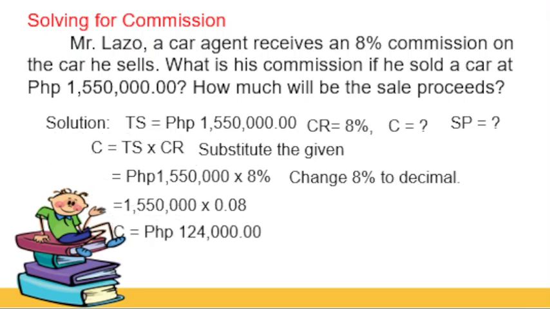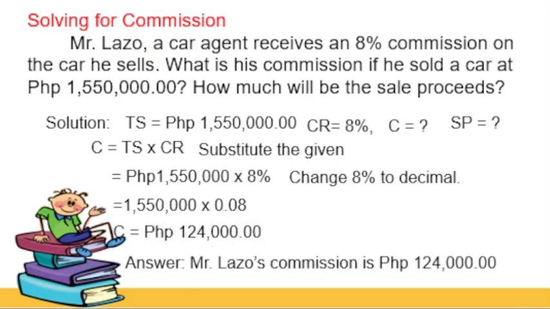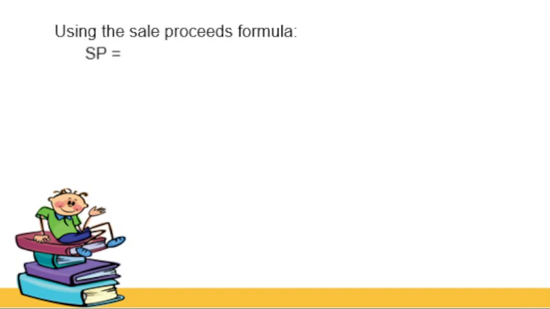So the commission is 124,000. 124,000 is the commission received. Now, this time we are looking for the selling price. So, again, the selling price, SP, is equal to the total sale minus the commission.